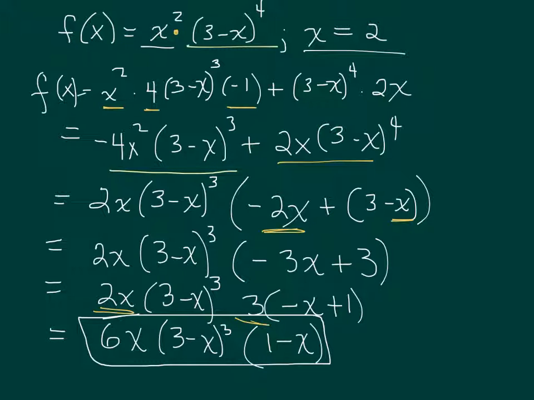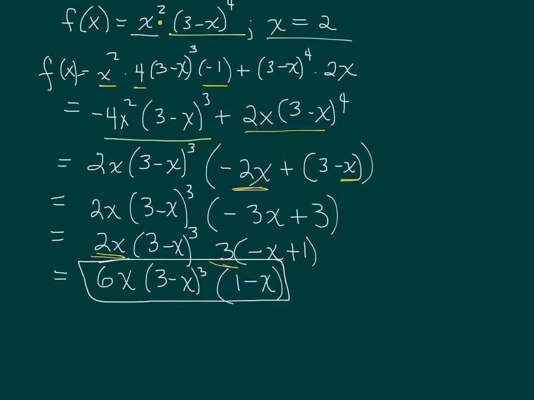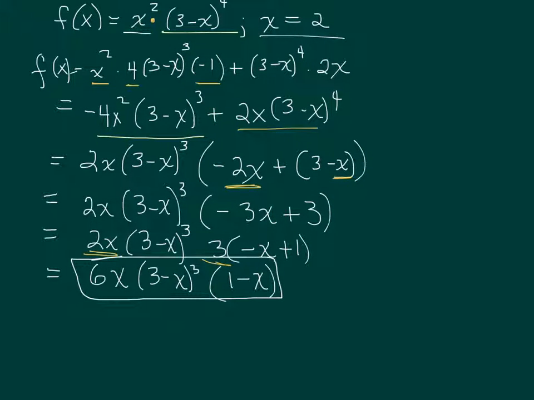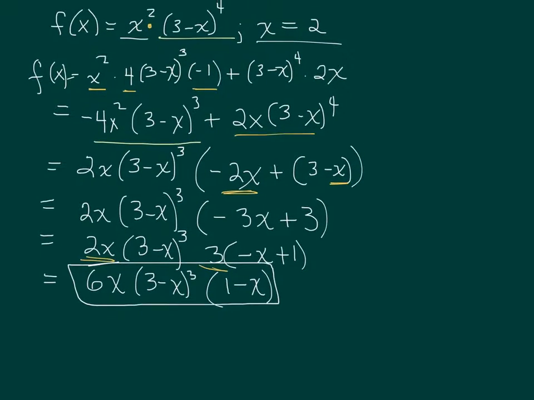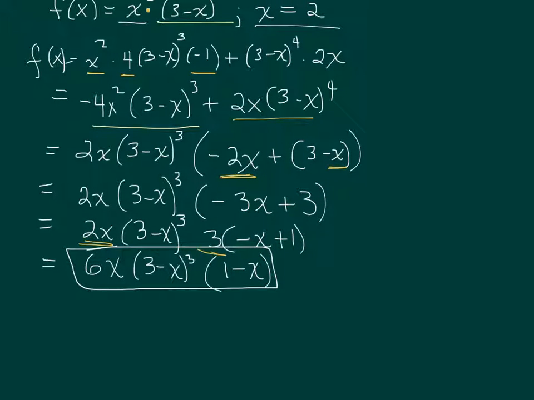So again, it just has to do with manipulating, once you find the derivative, manipulating it so you get it in a little bit better factored form. All right, so at x equals 2, if x equals 2, then I can plug in 2 into my function.